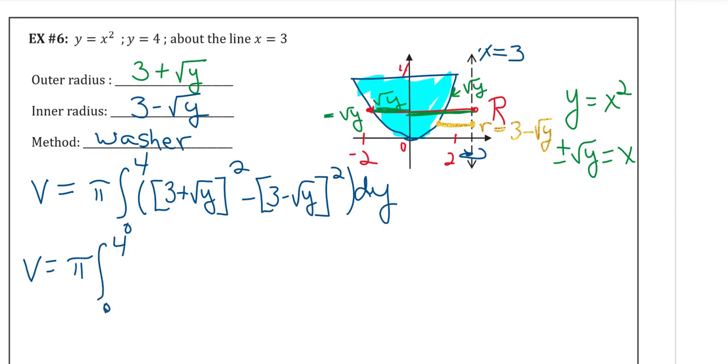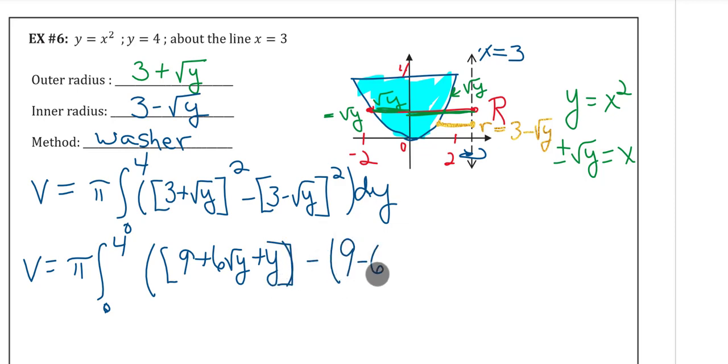And so in our first parenthesis or brackets, we get 9 plus 6 square root of y plus y. And in the second one, we get 9 minus 6 square root of y plus y, and this is dy.